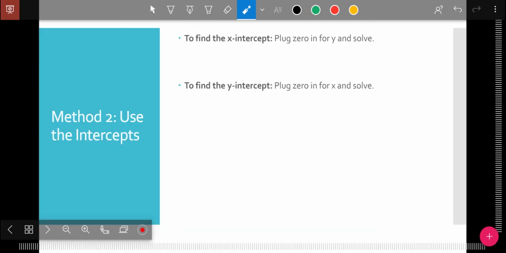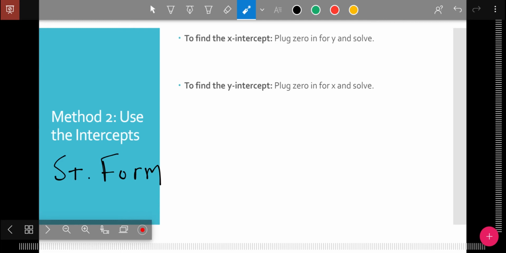Method 2 is using the intercepts. I put notes here on this page of how to use intercepts, but I also want to make a note that I will use this most of the time when my equation is in standard form. So that is when I will use this. To find the x-intercept, you plug 0 in for y and solve.